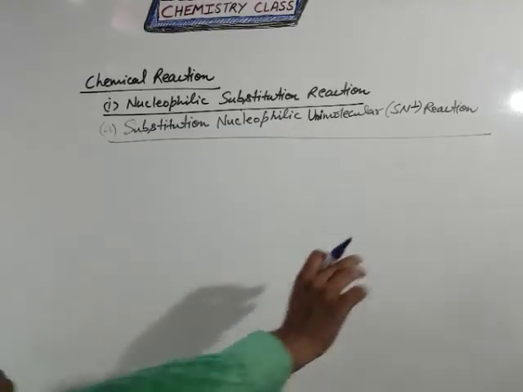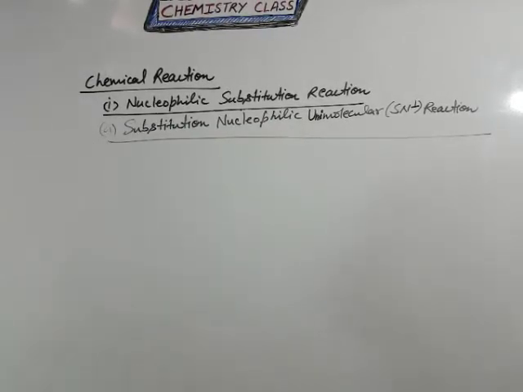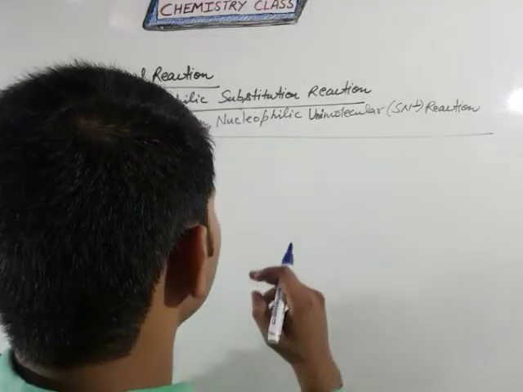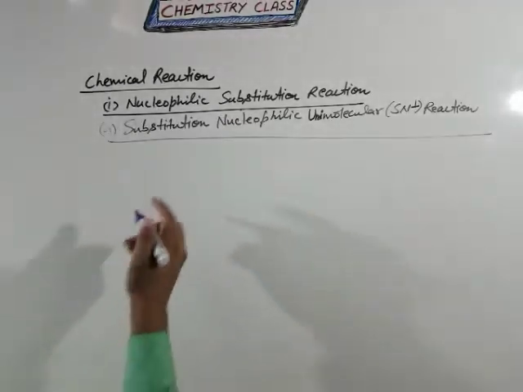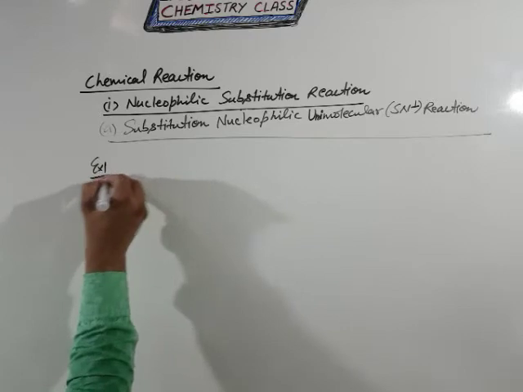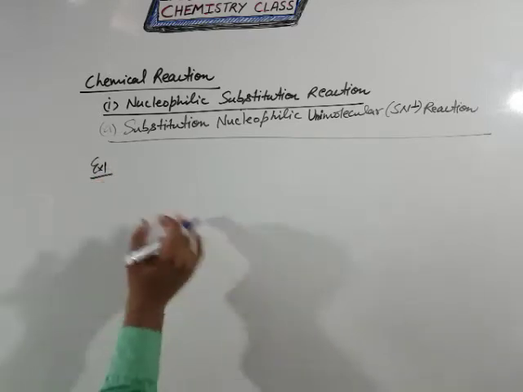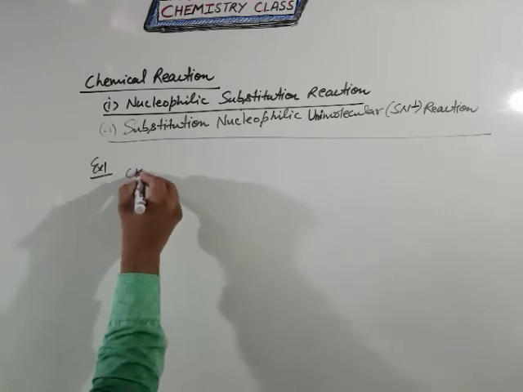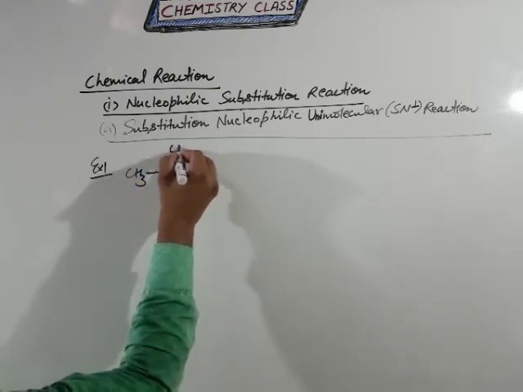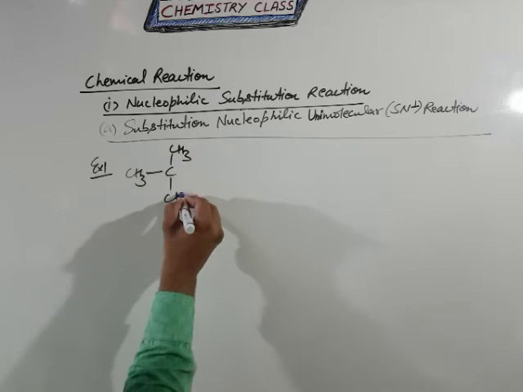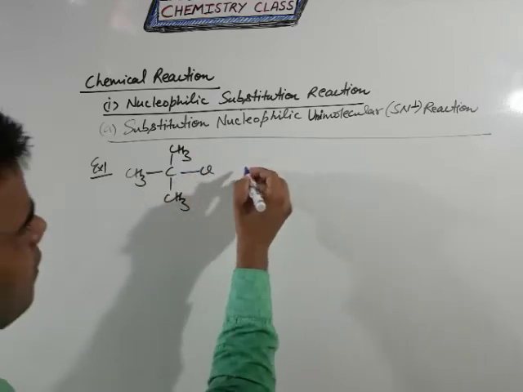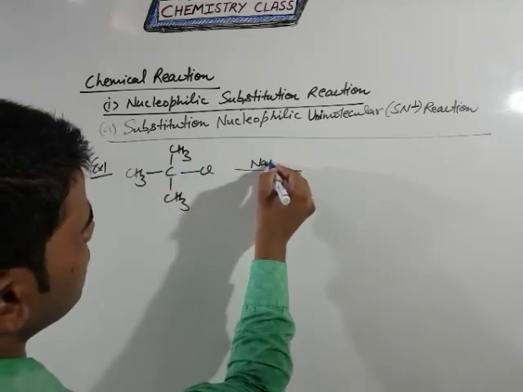Now come to the SN1 reaction, which is substitution nucleophilic unimolecular reaction. Students, take the example: first we talk about the general reaction, CH3 single bond C and CH3 single bond Cl reacting with NaOH.